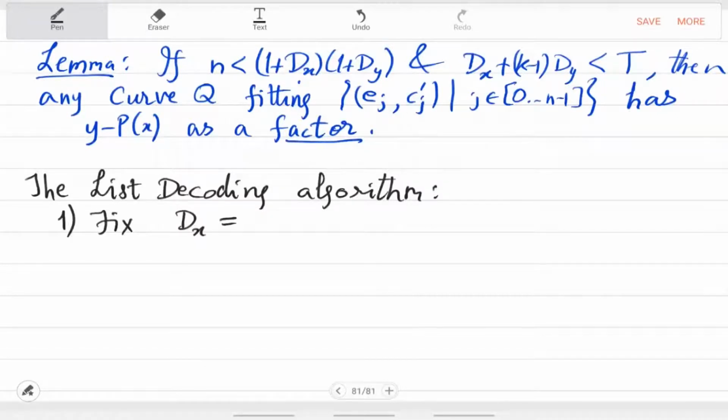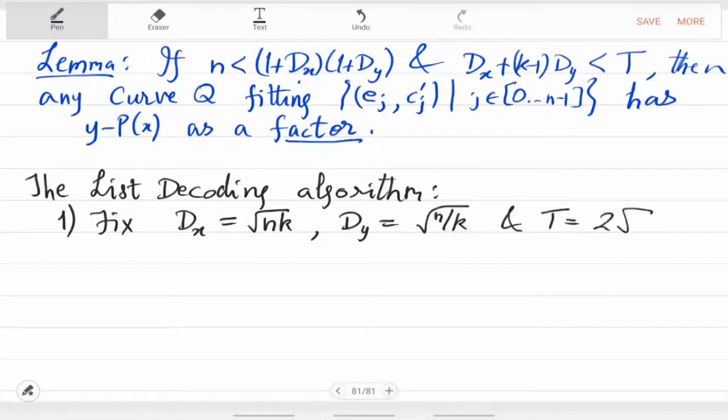So let's fix dx to be square root of nk, dy to be square root of n by k, and t to be twice square root of nk. So square roots appear. You can see that dx times dy is more than n by design, and dx plus k dy is smaller than t, smaller than twice square root of nk. So those two constraints are satisfied, and you can apply the lemma. Obviously the square root may not be an integer, so you will just take floor or ceiling. Simply compute Q.